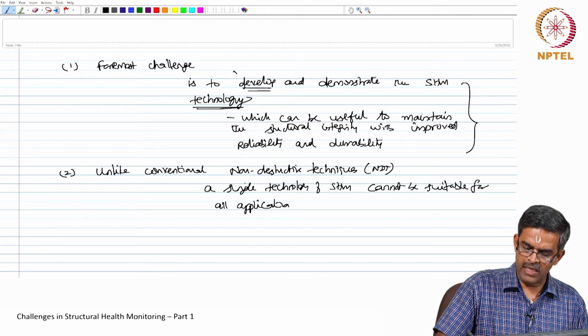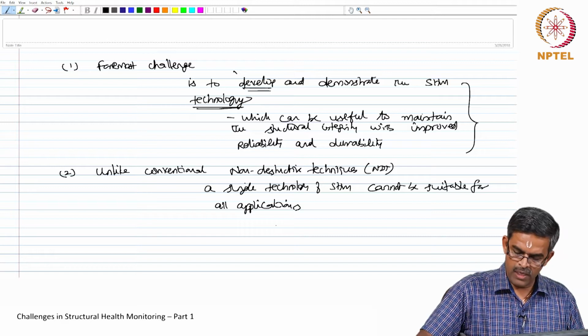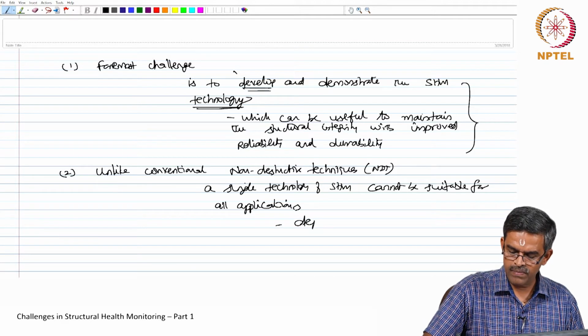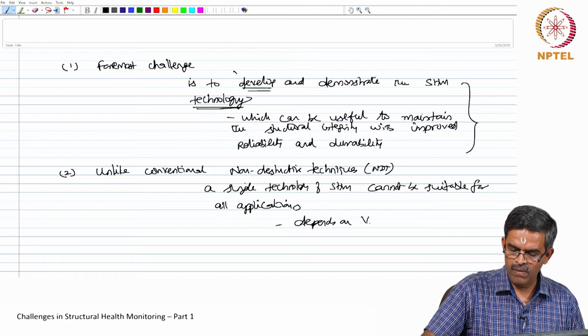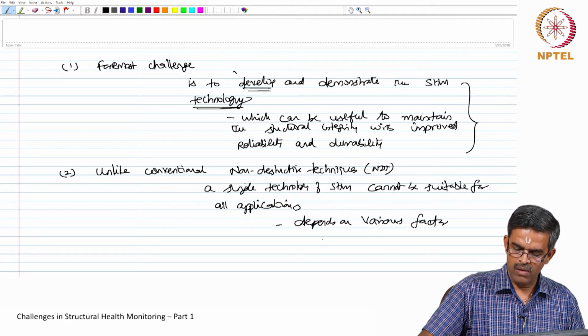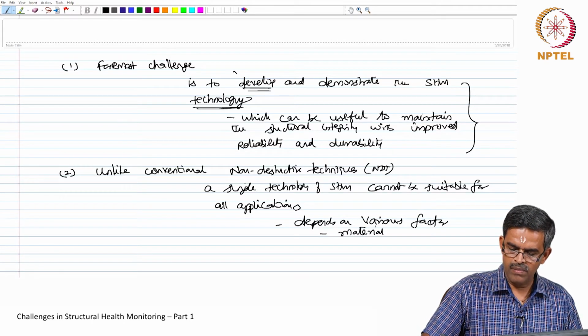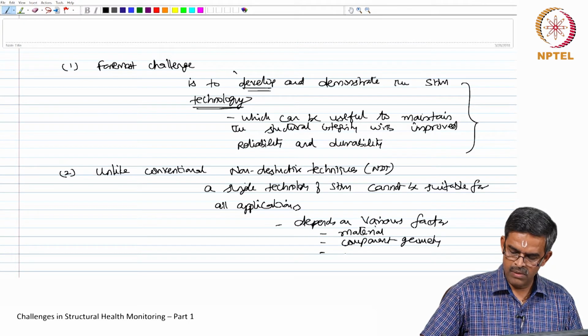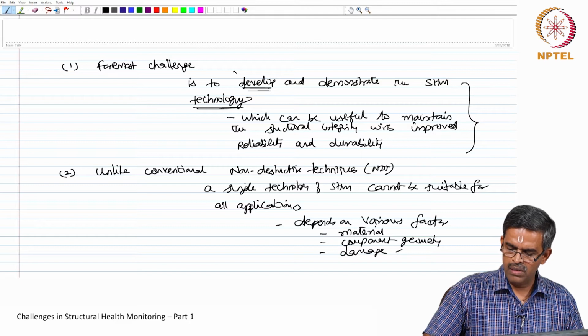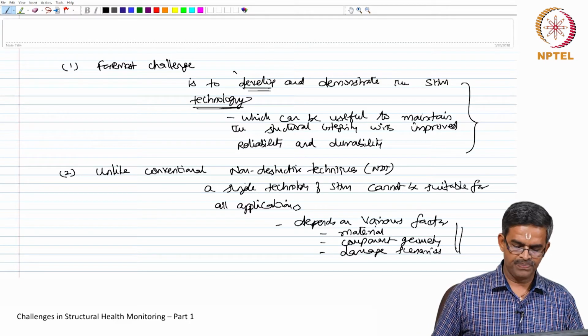That makes it more challenging. It depends on various factors. Depends on the material, depends on the component geometry and identifiable damage scenarios of a given structural system.